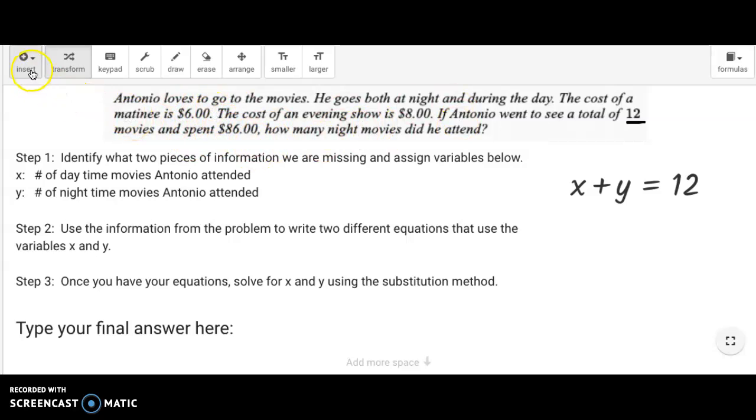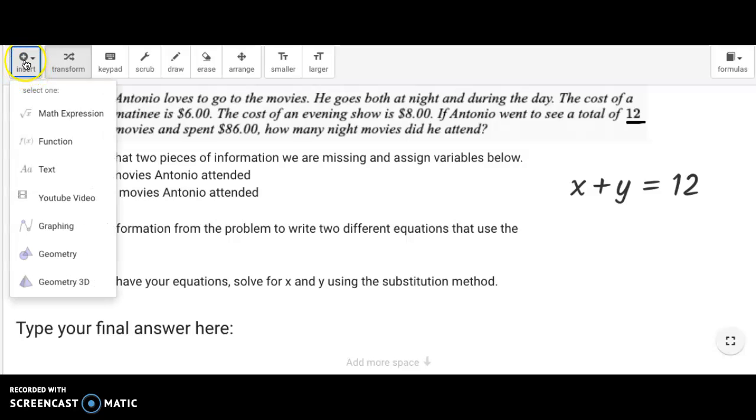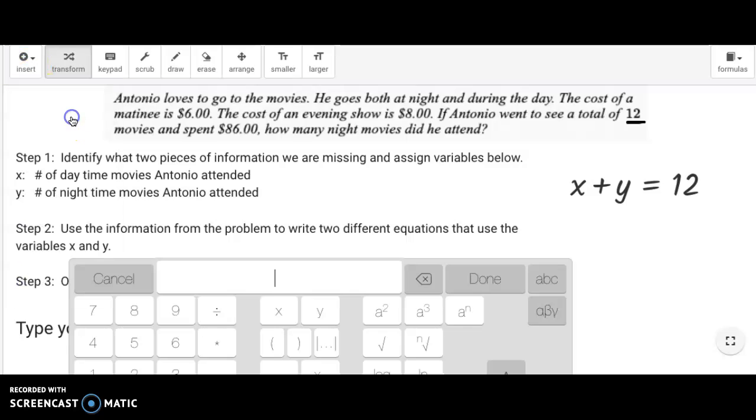All right, so for that one, I'm just going to again click Insert, Math Expression. And now let's look at the other numbers in the problem. I know a matinee, which is a daytime movie, was x, and that movie cost $6. So I'm going to write 6x, because however many movies he saw, he spent $6 on each one of the daytime movies, so you would multiply that by 6.